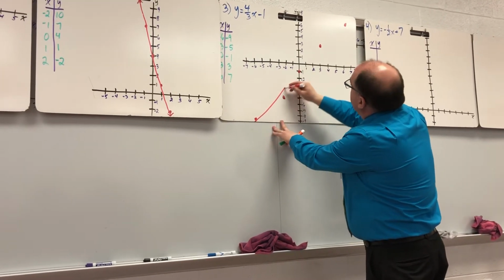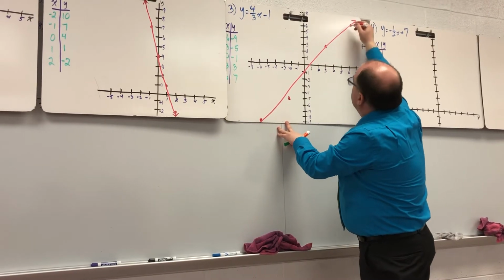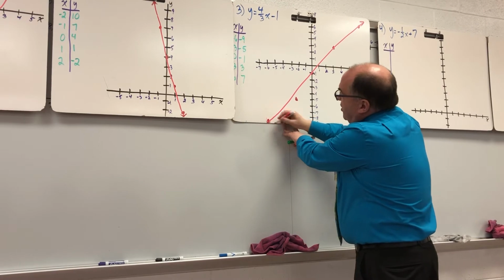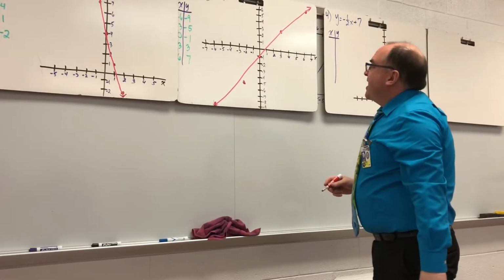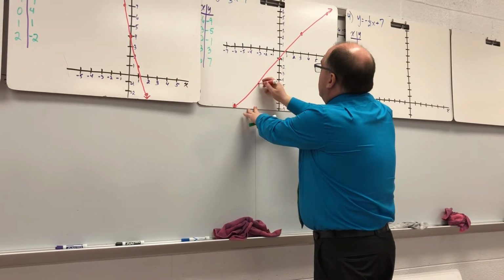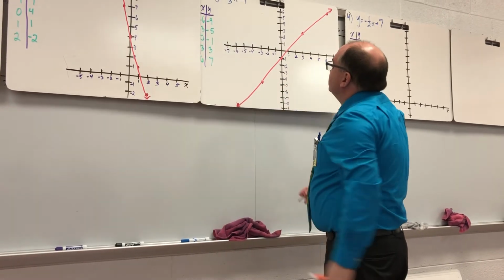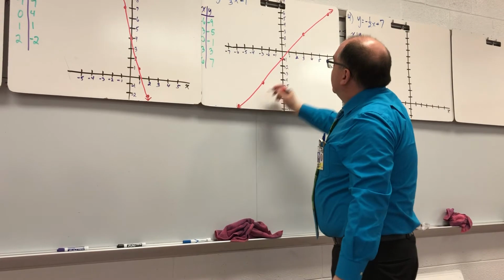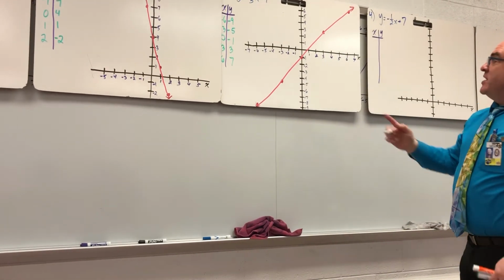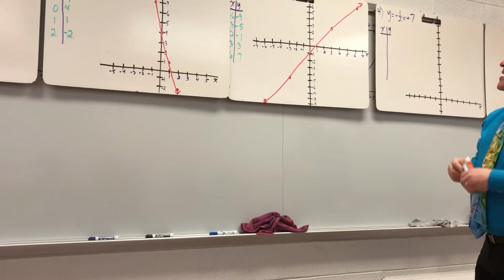Drawing a line. Now, when you are imperfect like I am, sometimes your points are a little off, but you get the idea. On the graph paper that I will give you, you won't have the issue that I'm having.